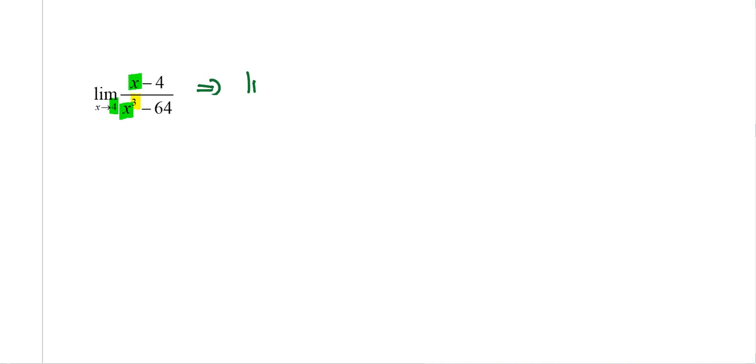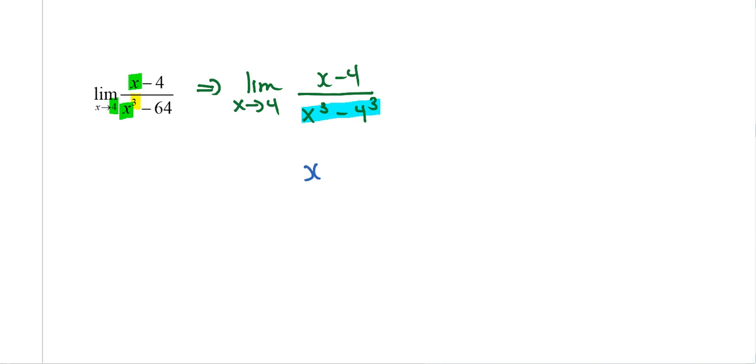This is the same thing as the limit as x approaches 4 of x minus 4 divided by, well, I'm just going to rewrite this as x cubed minus 4 to the power of 3. And you should be pretty comfortable with factoring these kind of expressions now.